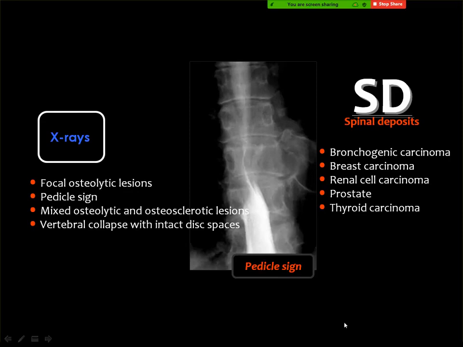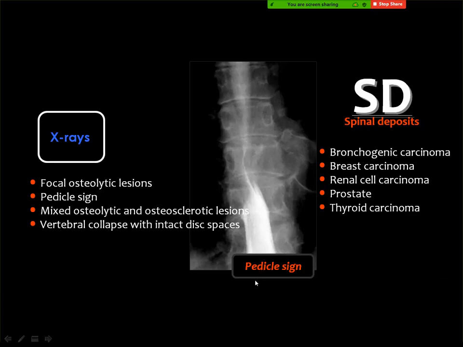So the need for injection of contrast material in MRI for evaluation of metastasis is actually not an issue, in my opinion, of course.